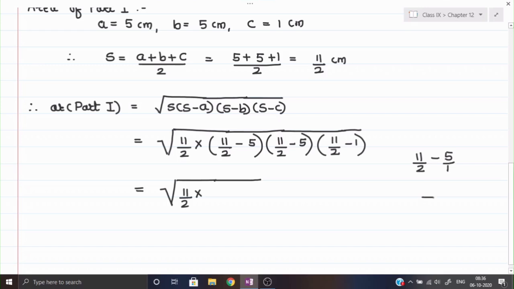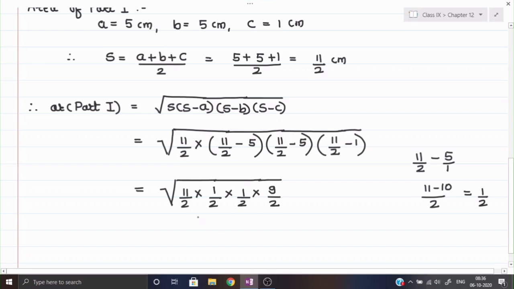If I take the LCM, the LCM will be equal to 2. Cross multiplication means 11 into 1 is 11 and 2 into 5 is 10, so it will remain basically 1 by 2. So here I will write 1 by 2 into again 1 by 2 into then 11 by 2 minus 1. If I go in the same manner, it will be 9 by 2.